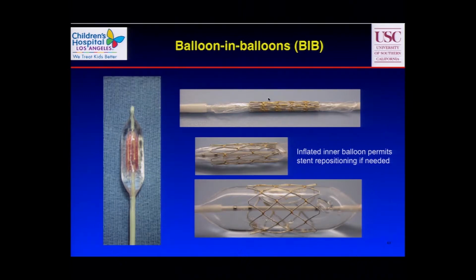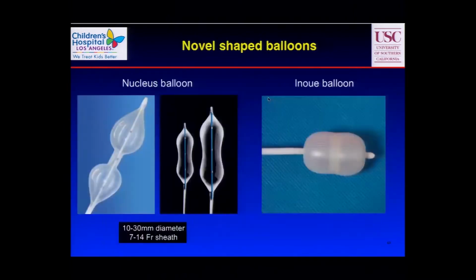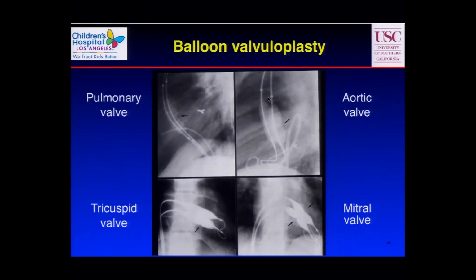The reason for that is that you can help to even out the edges of the stent as you inflate them to minimize foreshortening. You also have very novel shaped balloons, the Inoue balloon from Japan, and then the Nucleus balloon that can be placed around mitral valves and aortic valves to keep the balloon stable. So now all 4 valves can be ballooned, right? We started with the pulmonary and aortic, now we balloon tricuspids as well as mitrals.